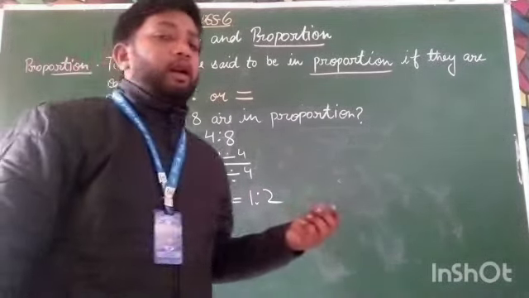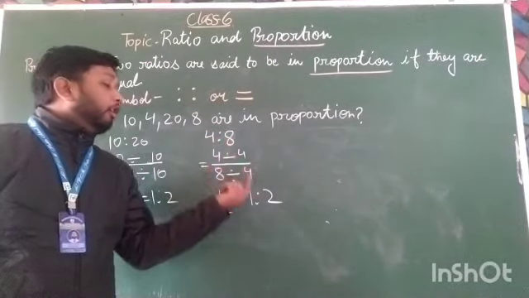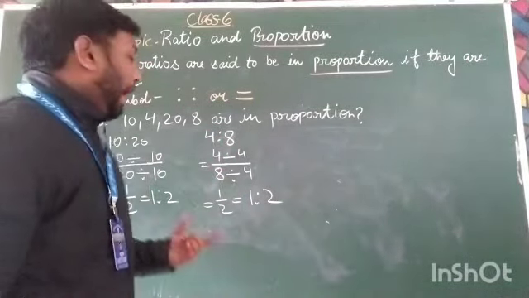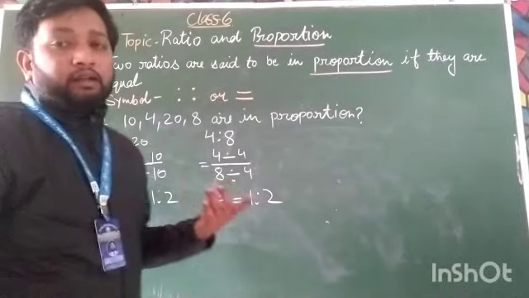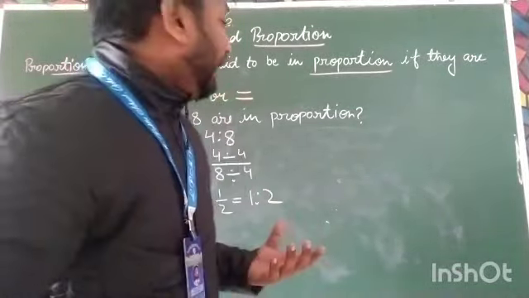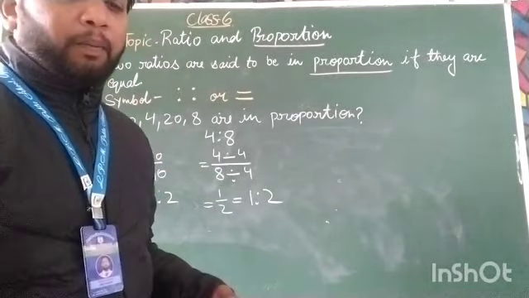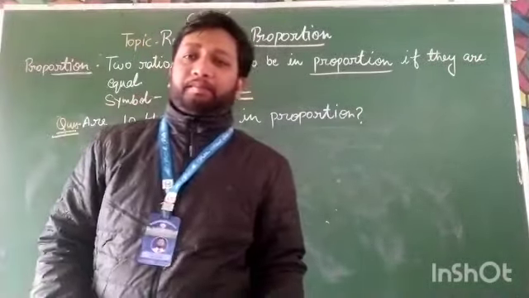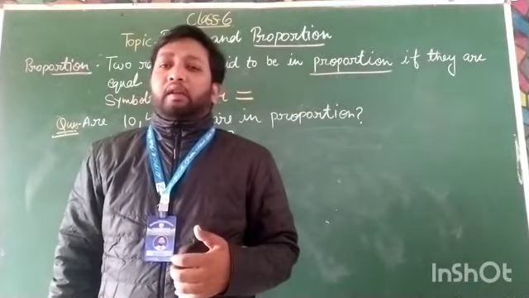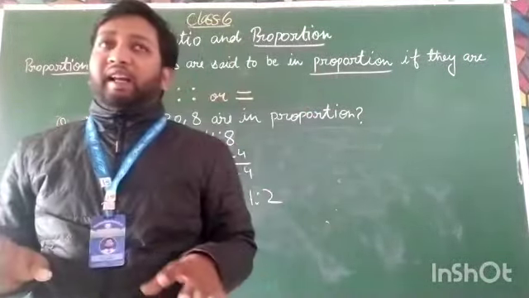Since 10 ratio 20 is equal to 1 ratio 2 and 4 ratio 8 is also equal to 1 ratio 2, and both the simplest forms are equal, we can say that 10, 4, 20 and 8 are in proportion.